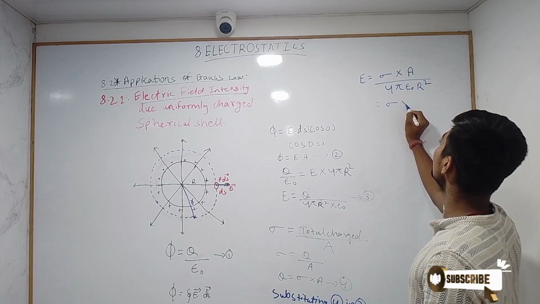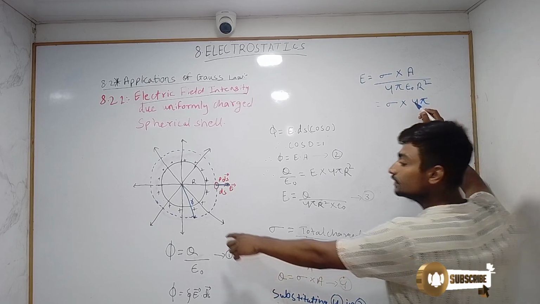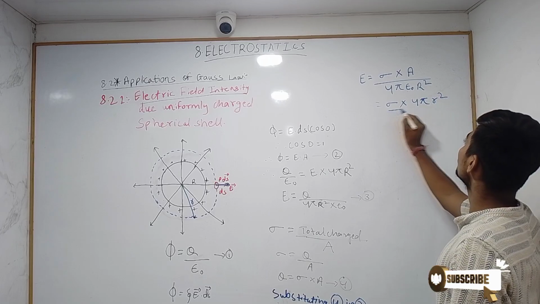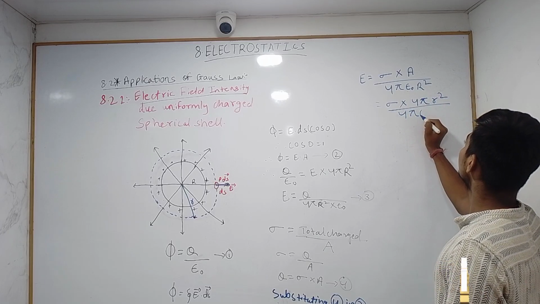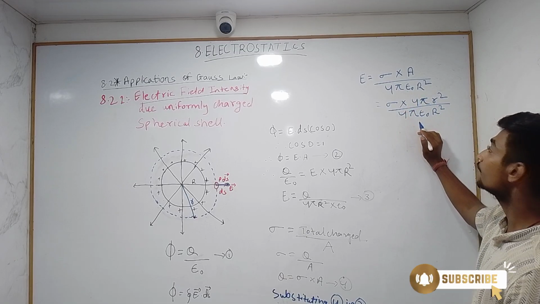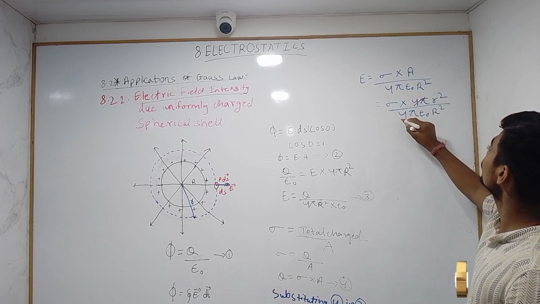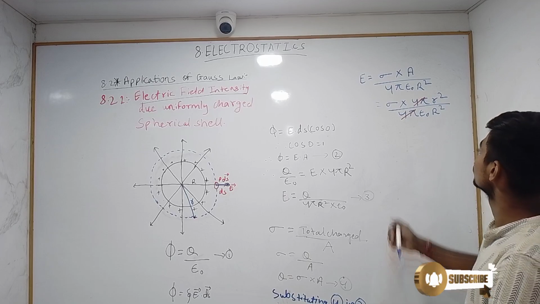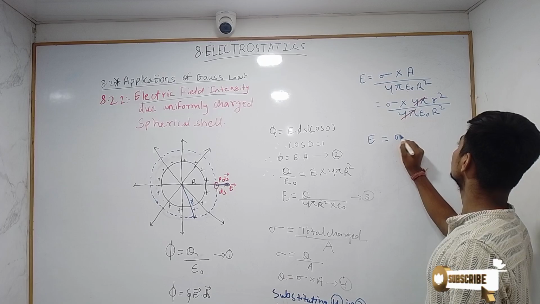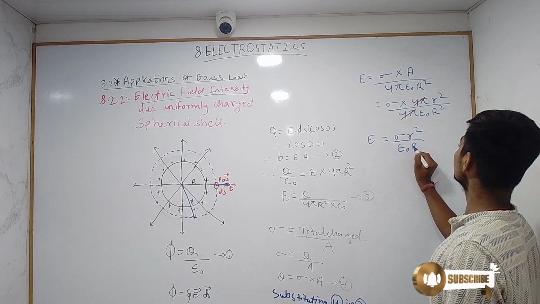So sigma into area of the small sphere, that is 4 pi, and what is the radius of this point? It's small r. So 4 pi small r square upon 4 pi epsilon naught R square. Now what can we cancel from both? We can cancel 4 pi. What do we get now? Electric field is nothing but sigma r square upon epsilon naught R square.